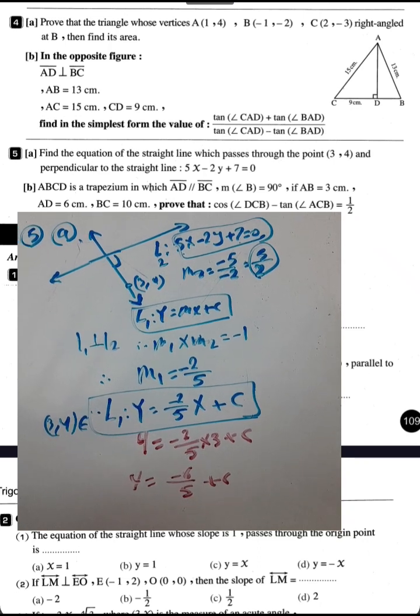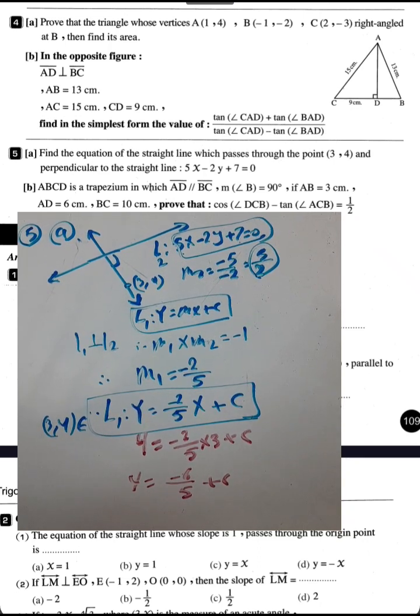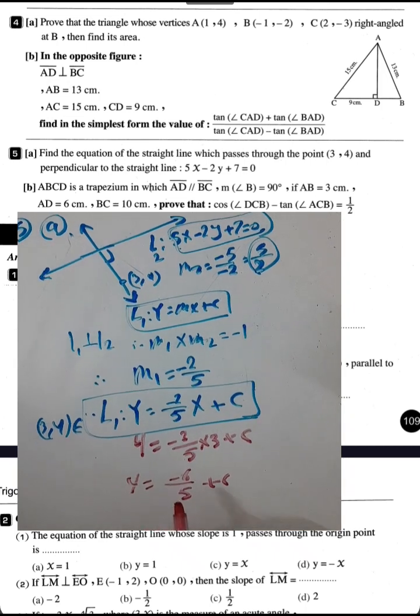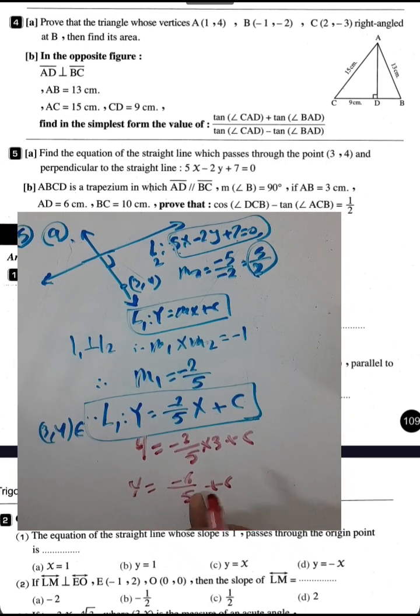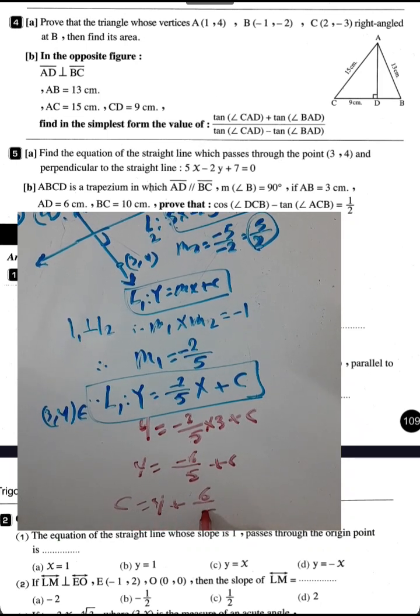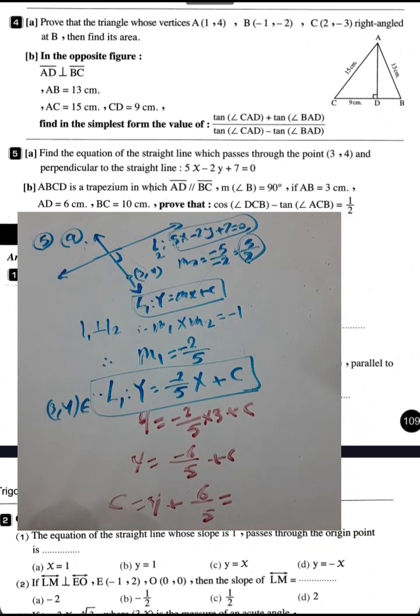Okay, and then you can find the constant here by moving negative 6 over 5 from the right hand side to the left hand side. Then the constant will be 4 plus 6 over 5. And then you can write 5 here.